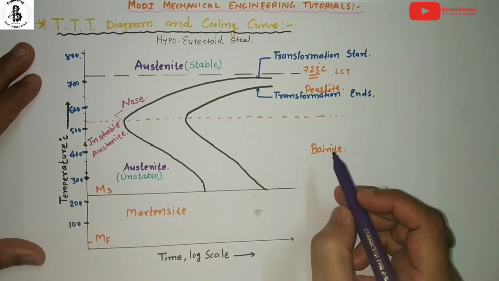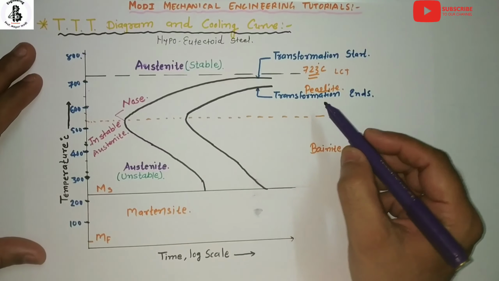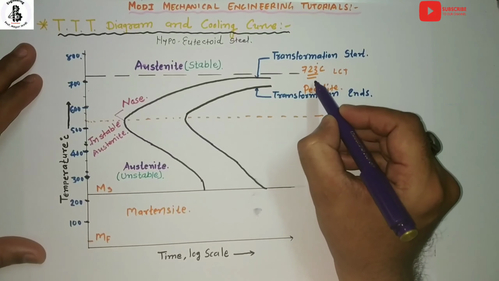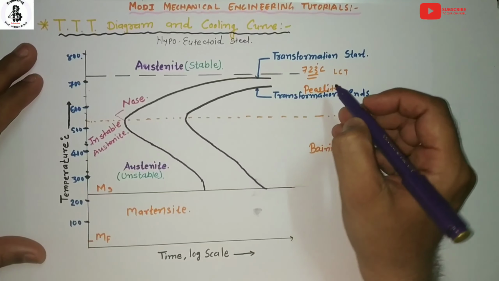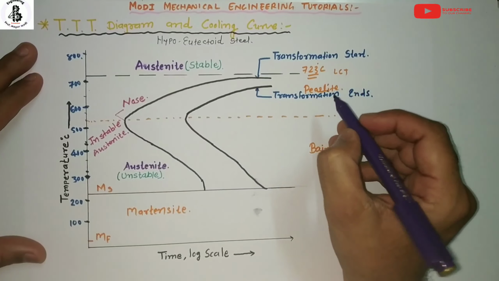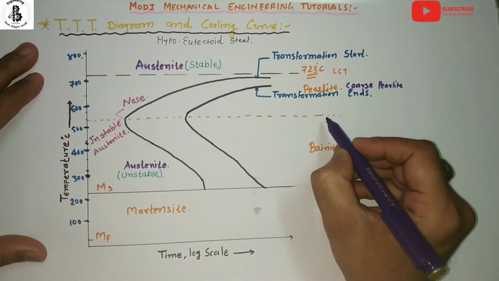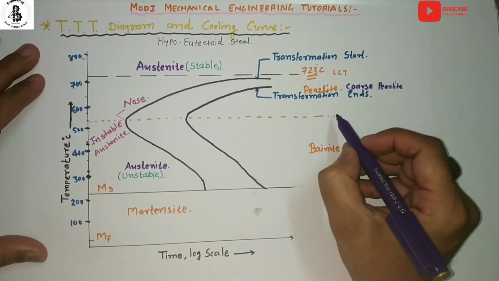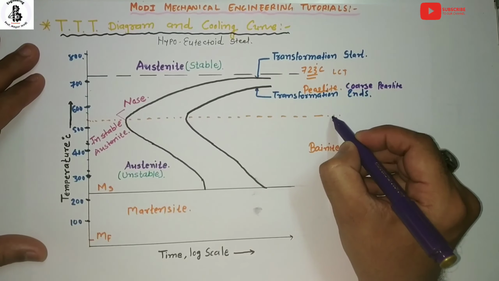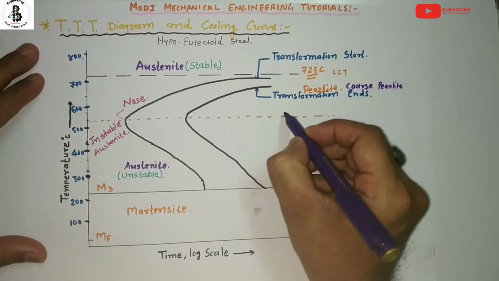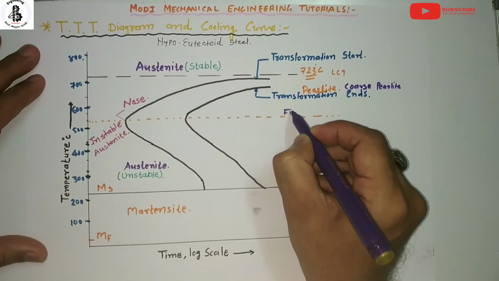To be more precise, nearer to 723 there is the generation of coarse pearlite, and at around 550 degrees centigrade or just above this temperature line, there is the formation of fine pearlite.